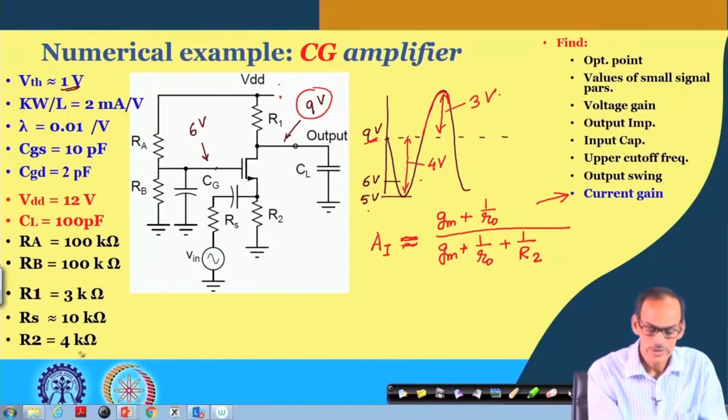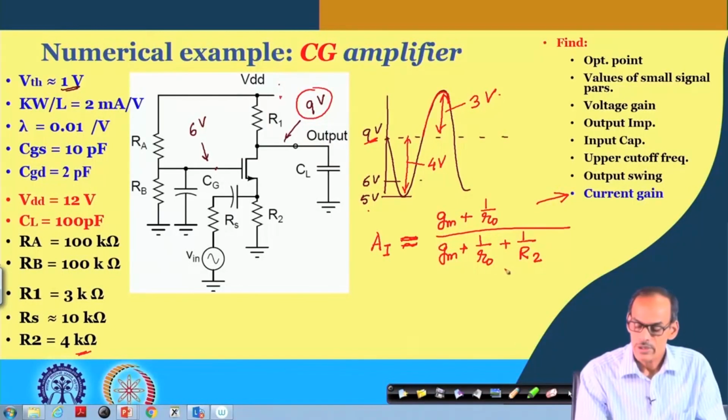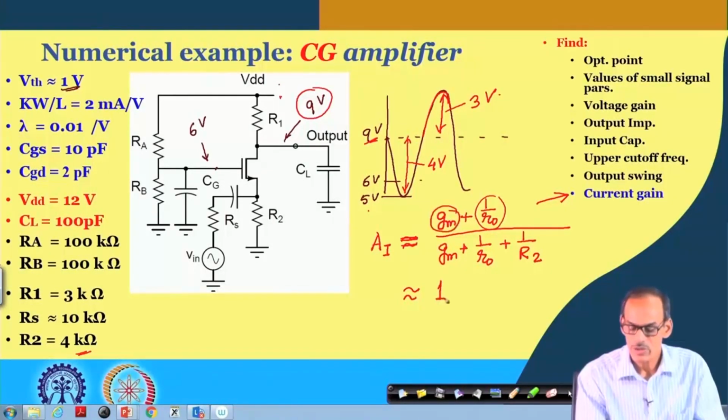R2 we already have discussed, it is 4K, and this is definitely quite small compared to GM. So, again here we can approximate, as GM is dominating, so we can say that the corresponding current gain is approximately 1.